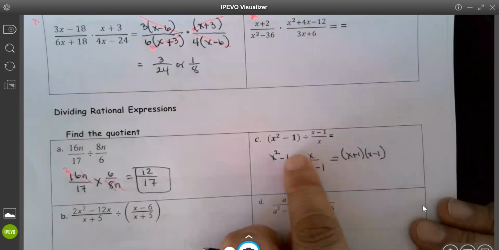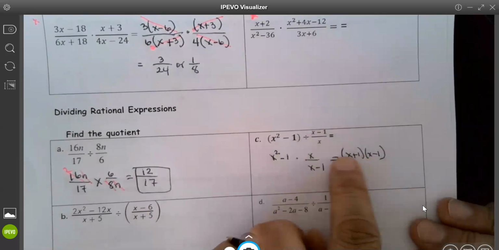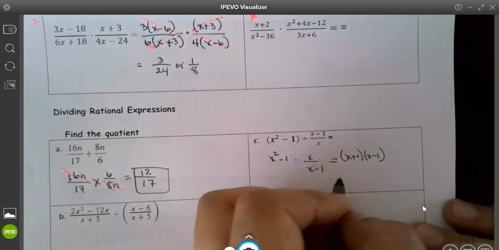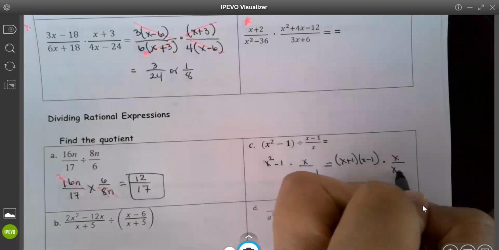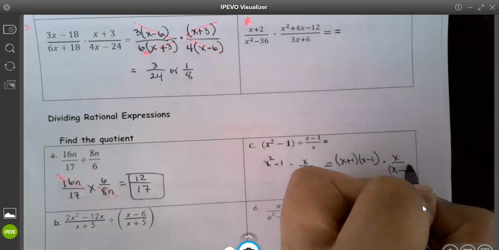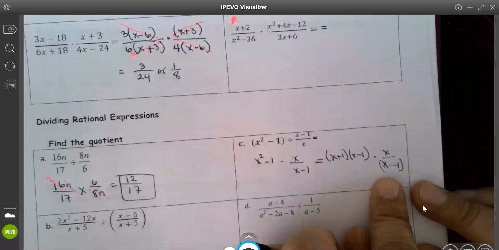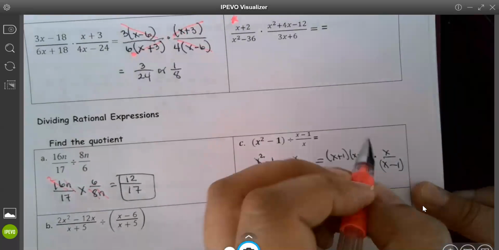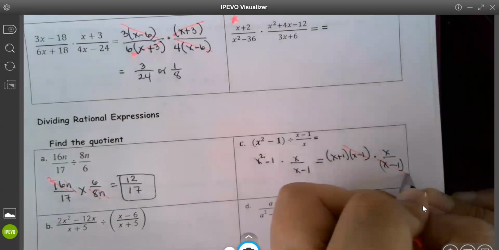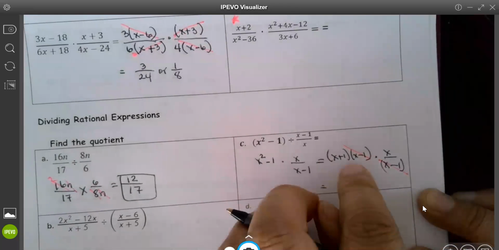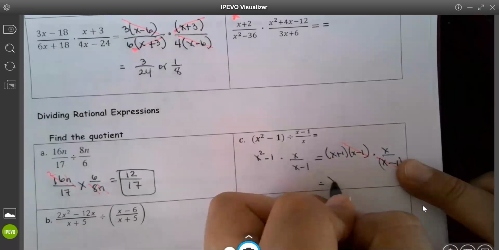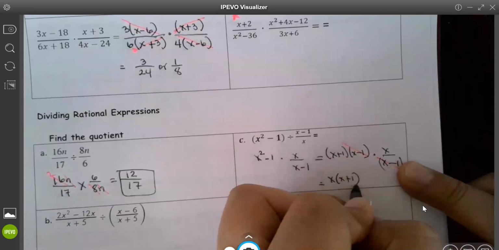x times x is x squared. 1 times negative 1 is negative 1. Times this one is x over x minus 1. So I can close that with a parenthesis so that I can cancel x minus 1 and x minus 1. So what is left on top is x times x plus 1.